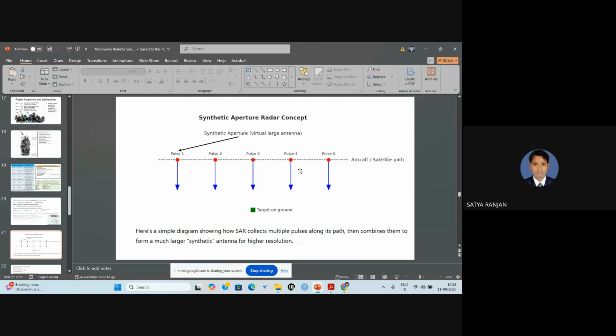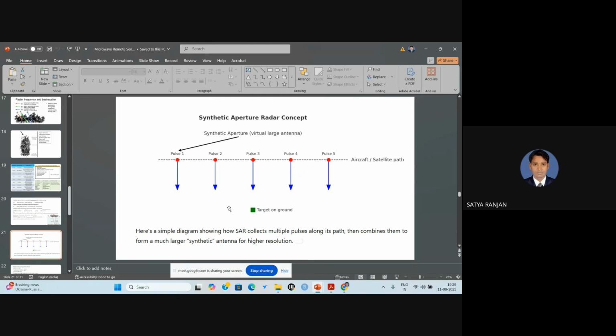If it sends some signal, then it needs a larger antenna so that it receives all this information in a larger way. So it is a virtual technology so that it receives impulses from different areas and different reflected radiations. That is the reason this aperture is called the synthetic aperture.